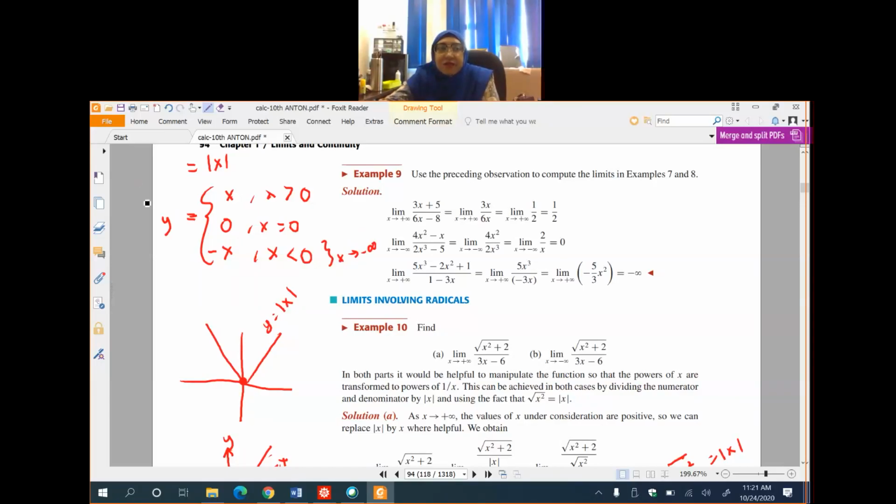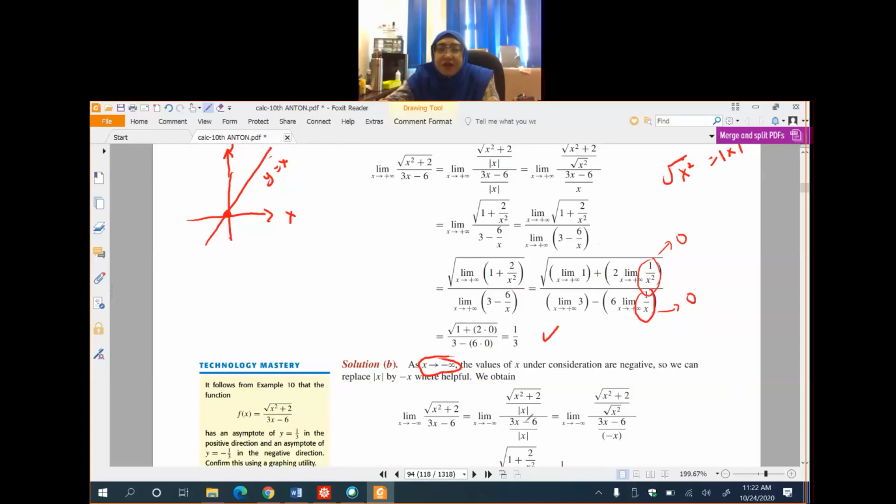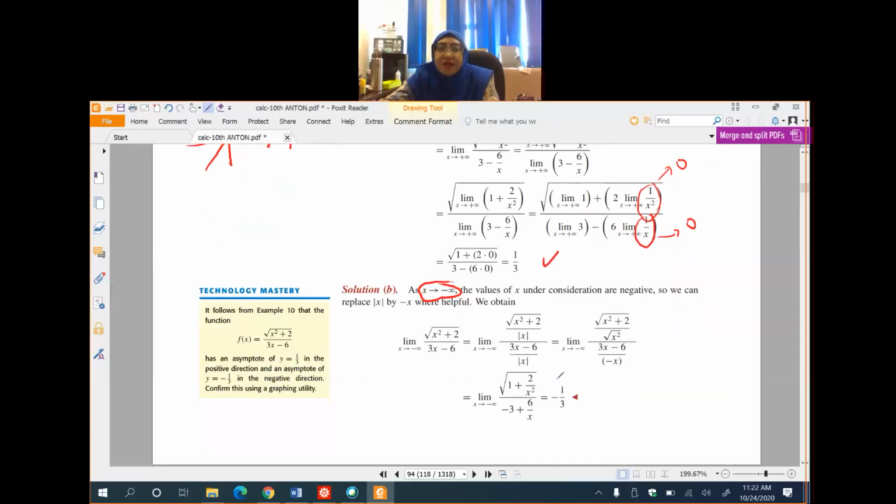The absolute value of x will be negative of x for x less than 0. So y, the same as the absolute value of x, is equal to negative of x. So you replace this absolute value of x with negative x, because for this side, it is for x less than 0.